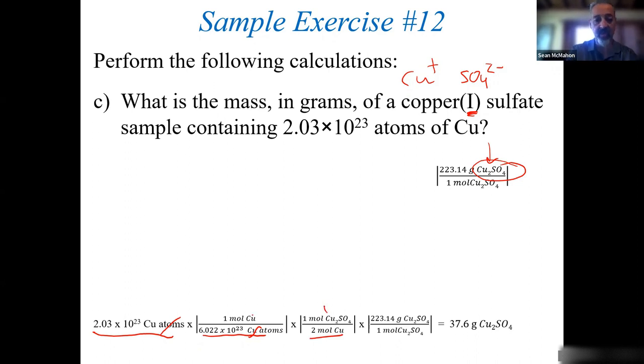So there I use the mole ratio, 2 moles of copper to 1 mole of copper 1 sulfate. And in 1 mole of copper 1 sulfate, there's 223.14 grams. 3 sig figs for my final answer, because I have 3 sig figs here.